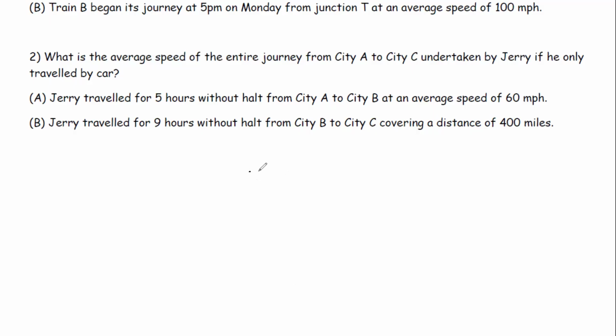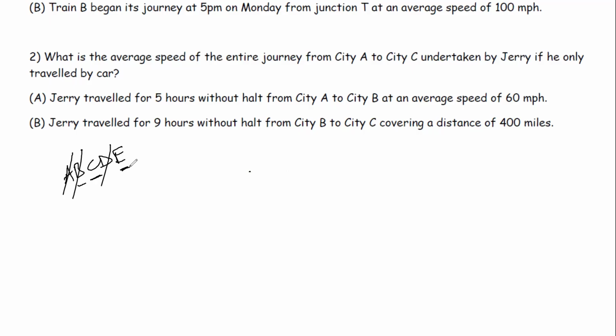Statement A: Jerry traveled for 5 hours without halt from city A to B at an average speed of 60 miles per hour. So A doesn't give the answer, D doesn't give the answer. It's between B, C, and E. Statement B: Jerry traveled for 9 hours without halt from city B to C, covering a distance of 400 miles. That doesn't tell us about A to B, so statement B on its own is out.